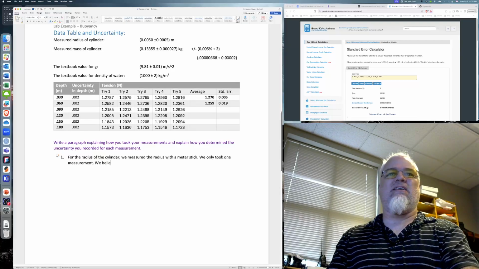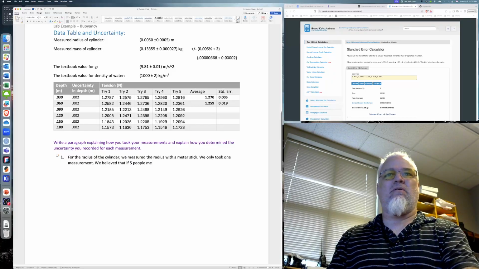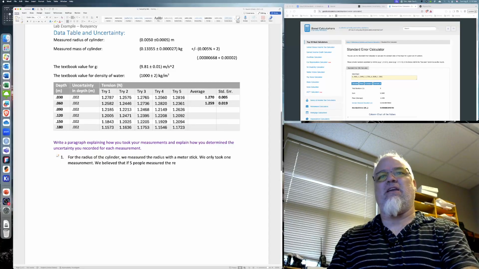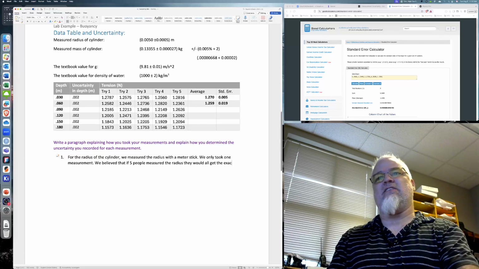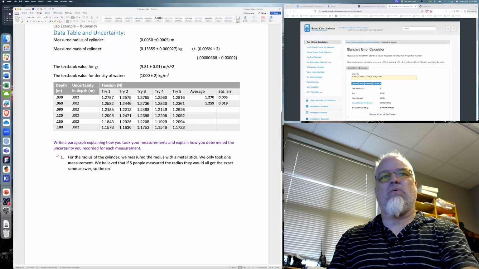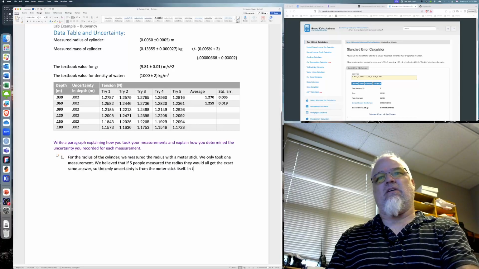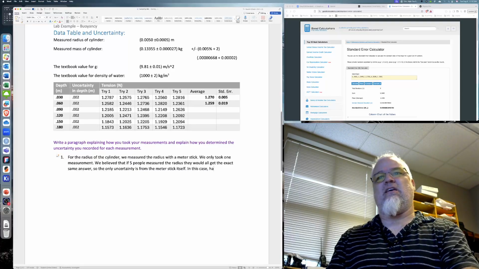We believed that if 5 people measured the radius, they would all get the exact same answer. So the only uncertainty is from the meter stick itself. In this case, half of 1 millimeter.